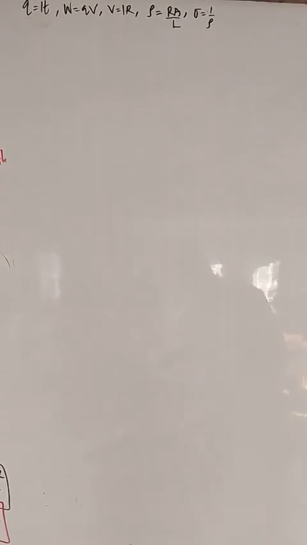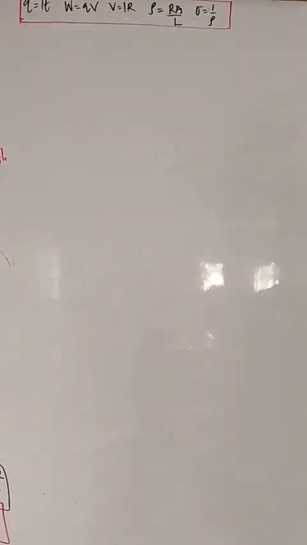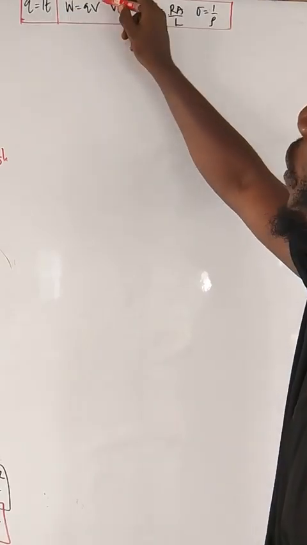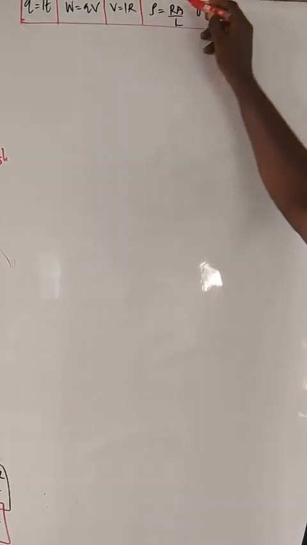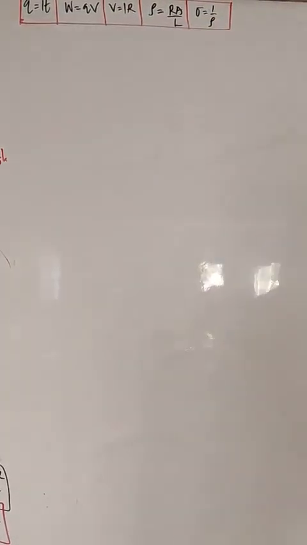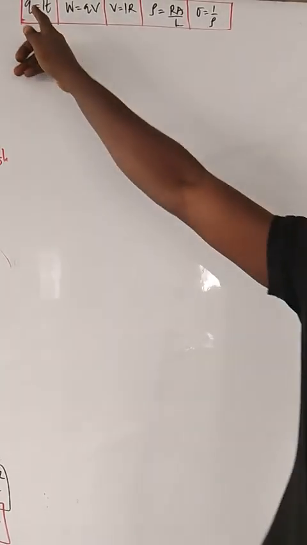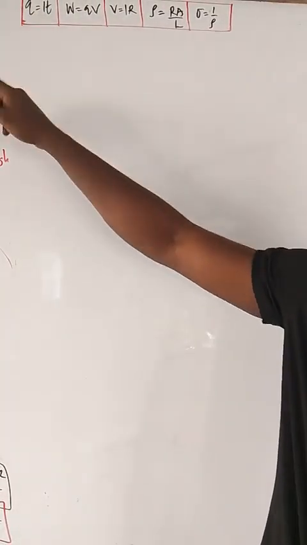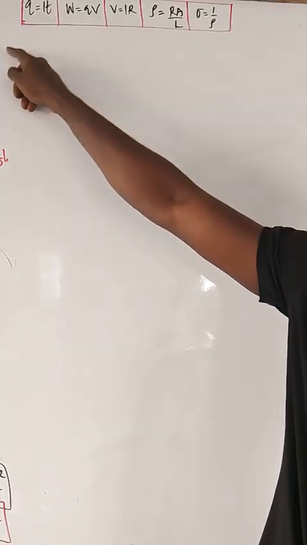Before we move on, let's summarize all the formulas we've gotten so far. So 1, we have 2, we have 3, we have 4, and we have 5. You should know what each symbol stands for, its definition and units. Q is quantity of charge, coulombs. Current, amperes.